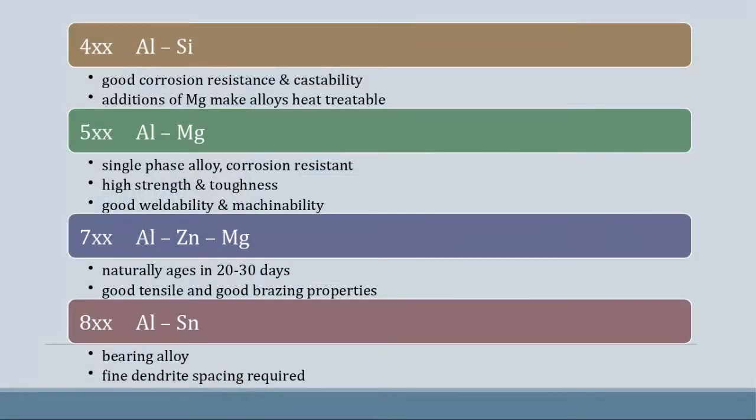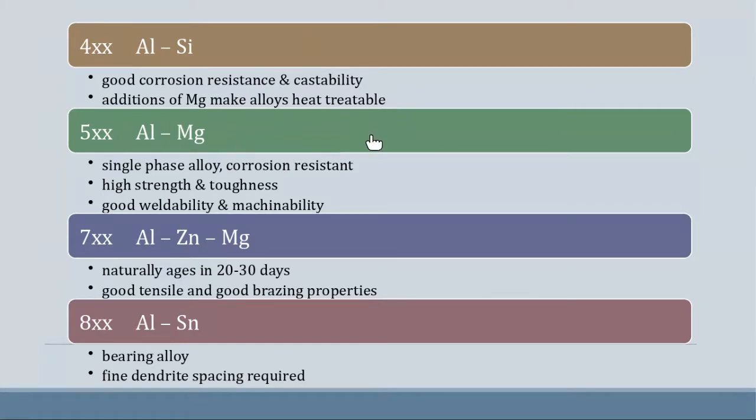Looking at a 400 series, it's got good corrosion resistance and castability. Once again, this is just aluminum plus silicon content. You can modify it by adding magnesium in order to make a 400 series heat treatable.